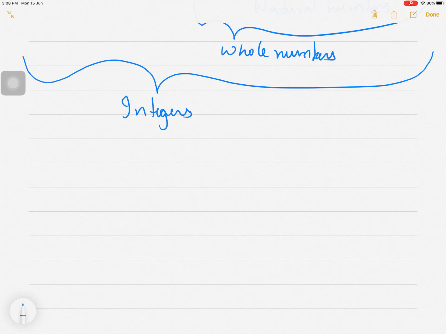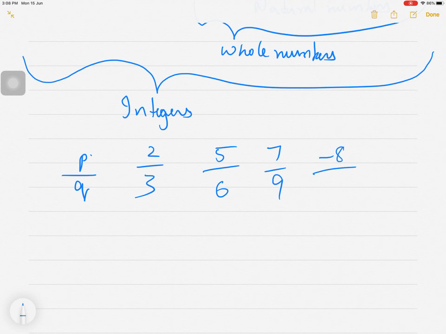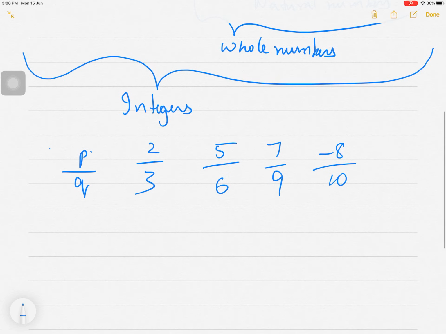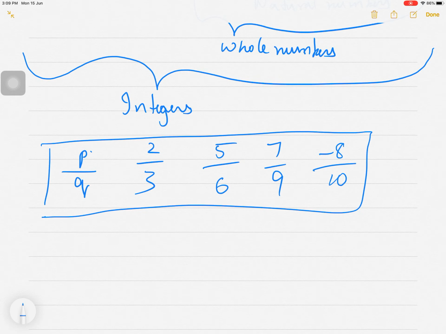Now, what are rational numbers? Whenever you write a fraction, or a number in the form p by q, for example 2 by 3, 5 by 6, 7 by 9 or -8 by 10, these are called rational numbers.